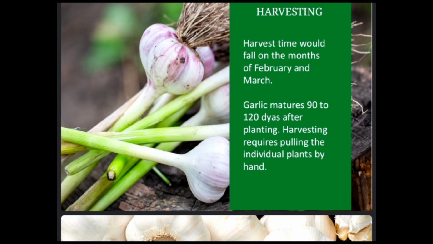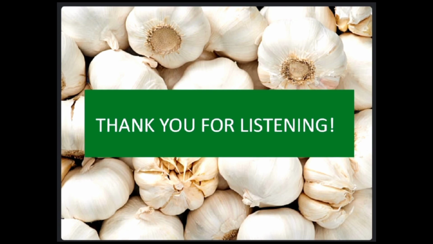Harvesting requires pulling the individual plants by hand. In post-harvesting, the harvested bulb can be sun or air dried. Sun drying ranges from 3 to 4 days.